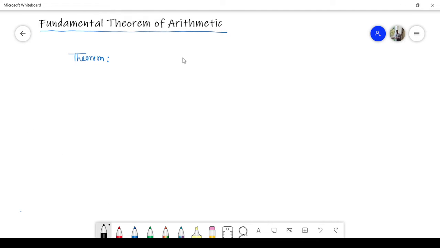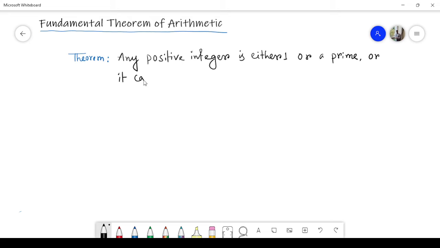The statement of the theorem is: any positive integer is either 1, or a prime, or it can be expressed as a product of primes.